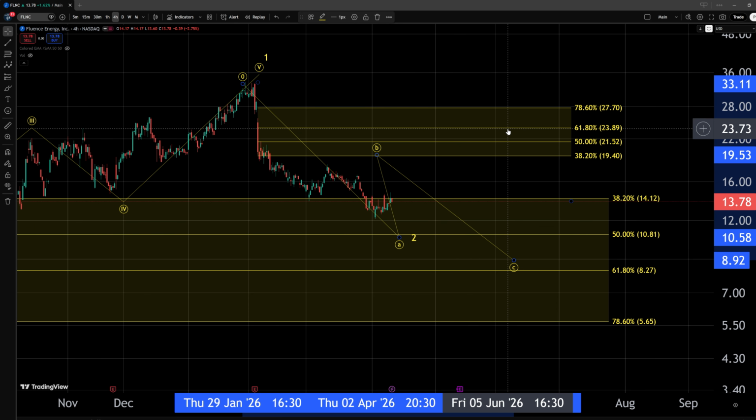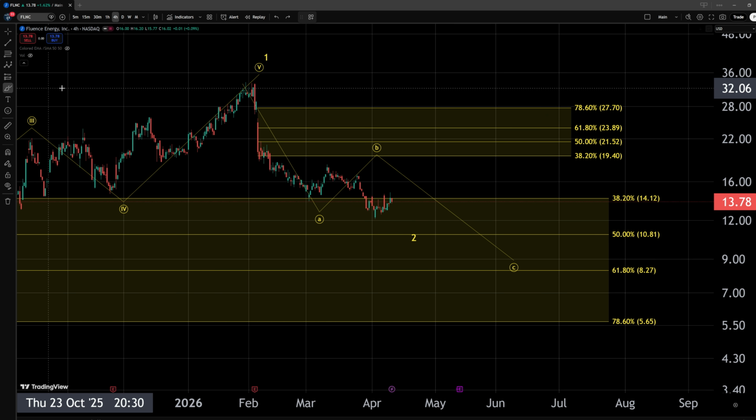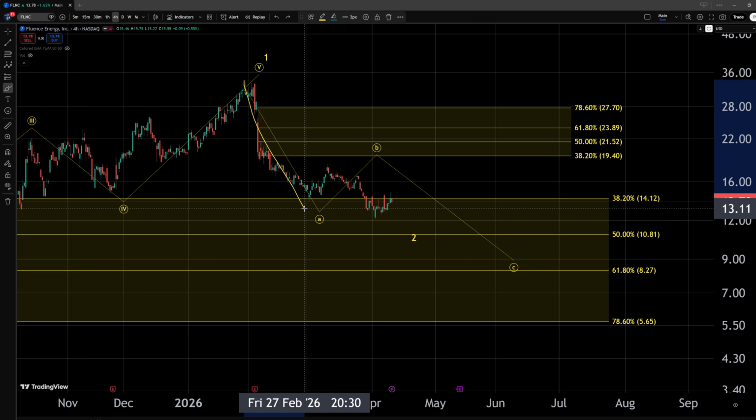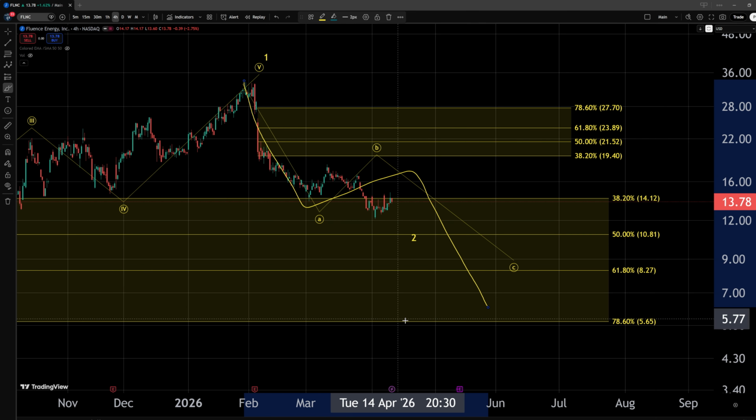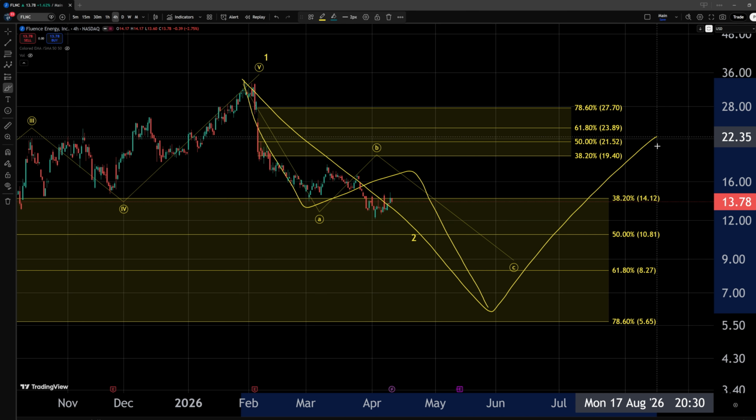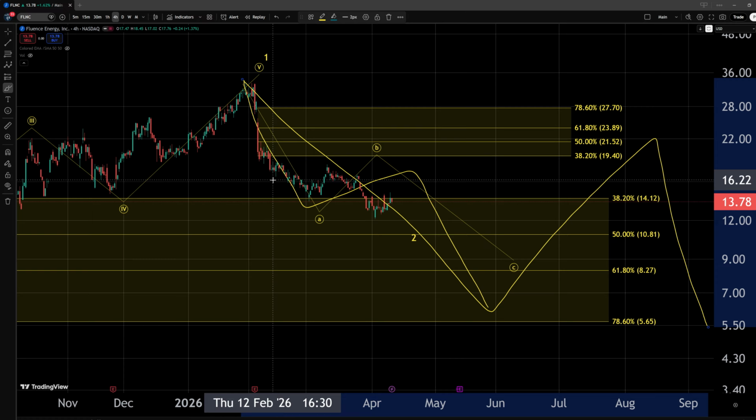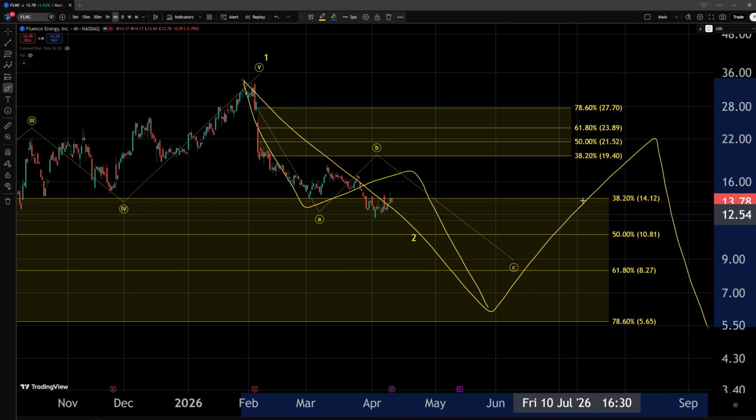In the end, it is always a possibility to look for extensions, but that is where sizing becomes that much more important, because that is what will allow us to sleep at night, given that any single structure could fail, and ultimately any single pattern could see an extension, even if this were to be a perfectly clear 3-wave correction. It could still form a larger A, B, C structure and take us to lower prices. That is no guarantee that it will see a successful reversal.